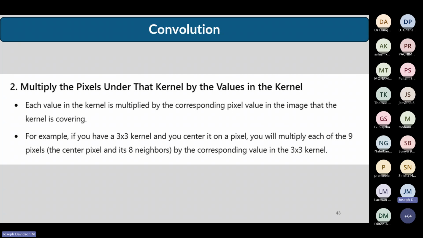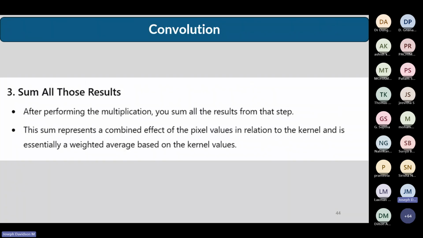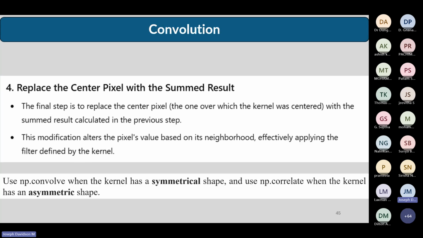If you have a 3 by 3 kernel and center it on a pixel, you will multiply each of the 9 pixels: there will be a center value and 8 neighbors. You multiply the kernel strengths with the 8 neighbors, sum it up, find the average, and put that average in the center.